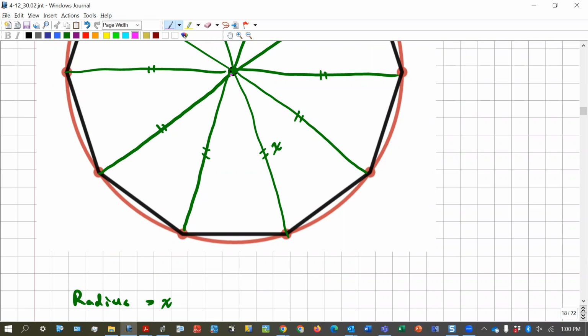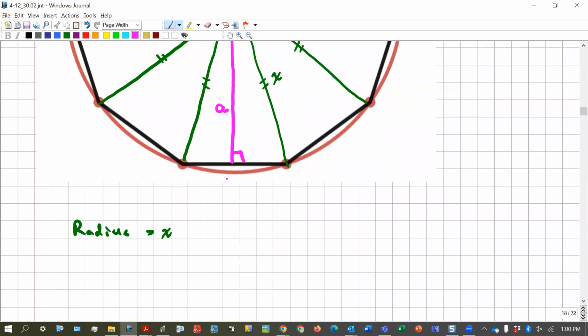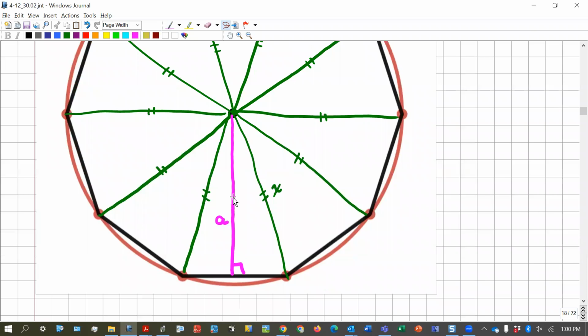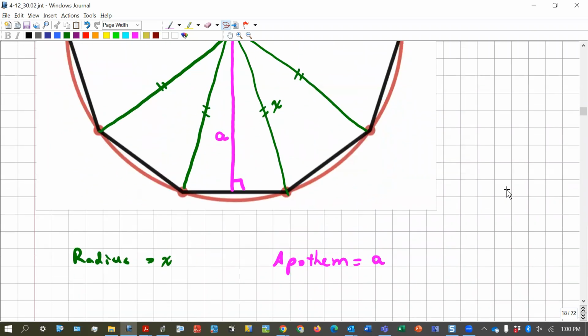And this distance, I'm going to call that A. That's called the apothem of the polygon, the regular decagon. And that's going to be the same for each of those 10 green triangles.